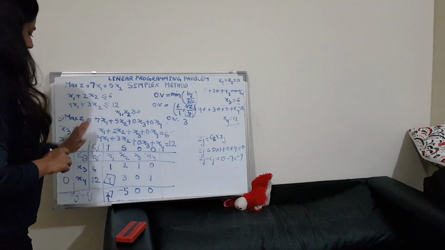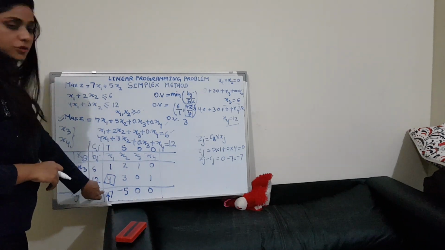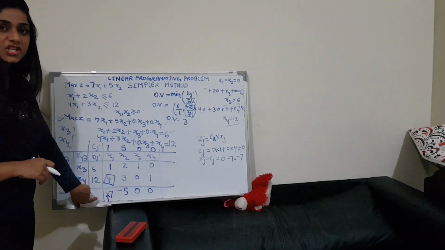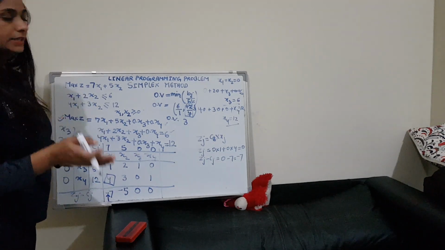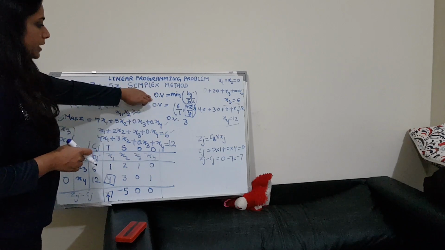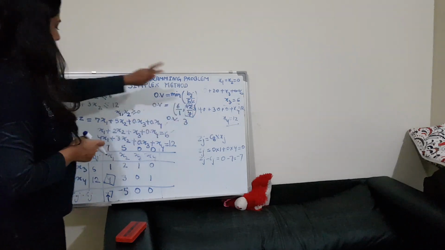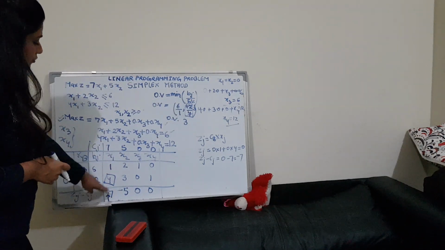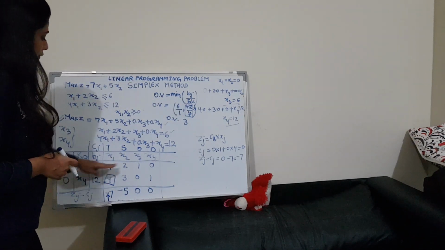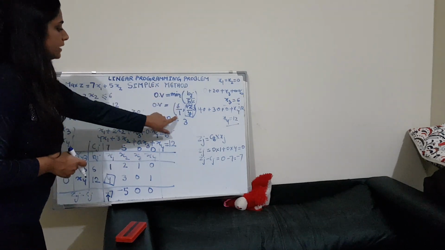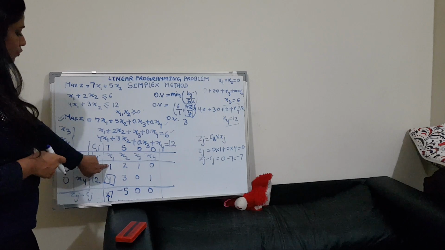Got it? We have calculated the entering vector. The entering vector is the most negative element of Zj minus Cj. Next we calculated the outgoing vector. The outgoing vector formula is minimum Bj upon entering vector. The entering vector is the first column. For the first row it is 6 upon 1.